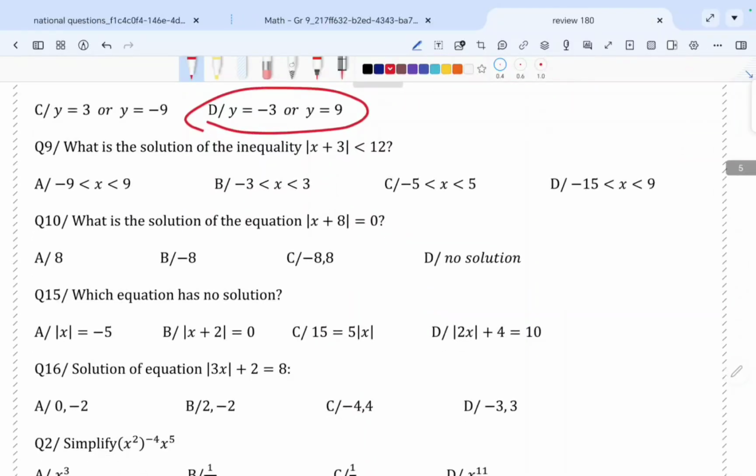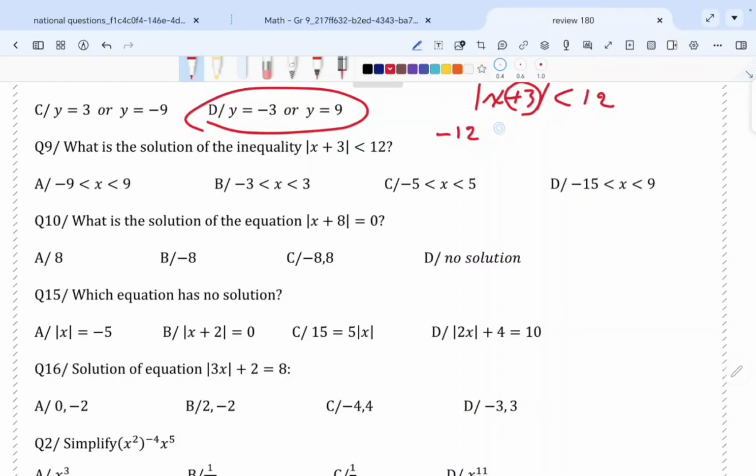Now let's see, what's the solution of the inequality x plus 3 is less than 12? Okay, this is an absolute value, so it will be between negative 12 and 12. We're going to add negative 3 to each side of the inequality sign.